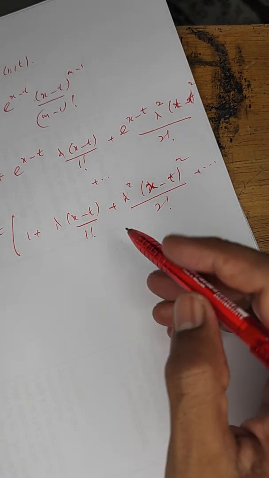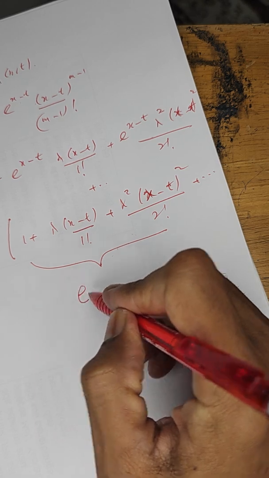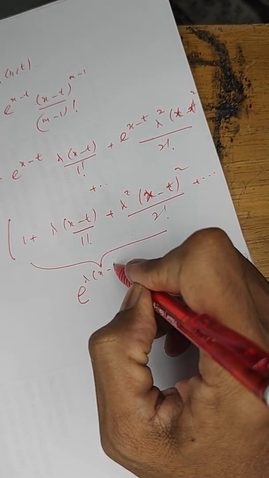Okay, so if you do this, this is the geometric series for e^(lambda (x minus t)).